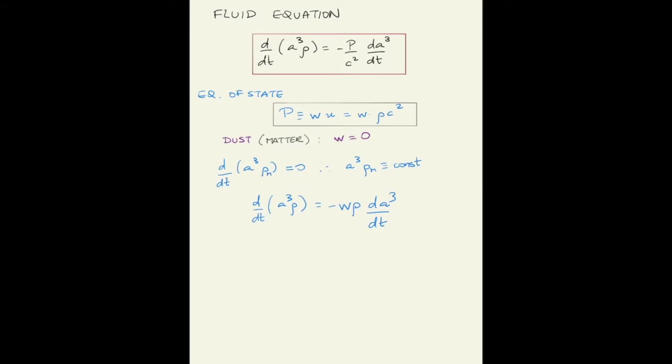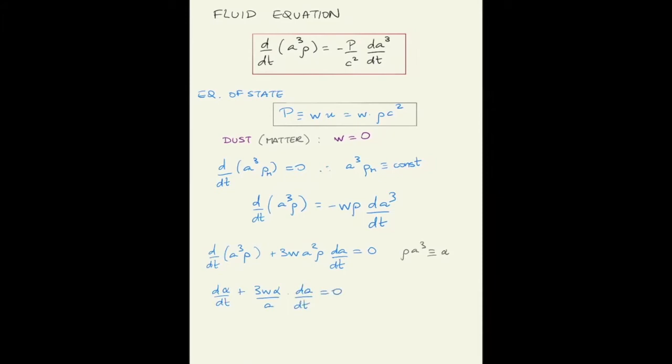First, let's sum the right-hand side on both sides and expand this derivative of a cubed. So that is 3a² times the derivative of a. That equation then becomes, and now we can substitute ρa³ by α, the time derivative of α, multiply and divide the second term by a, and then you have 3 times w of α over a times da/dt. This equation is equal to 0.